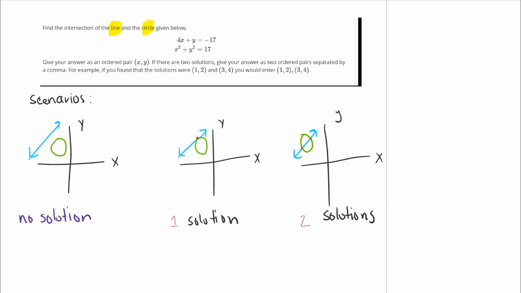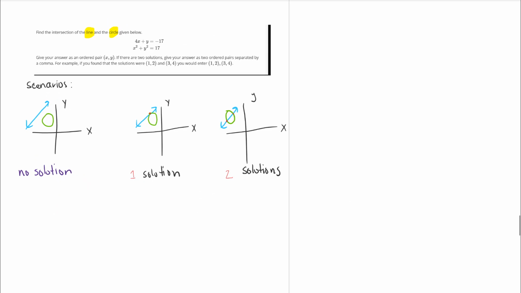So now that I know that, what I can do to solve is a substitution. In order to do a substitution, I need to get one of these equations by itself. So the first equation, I have 4x plus y is equal to negative 17.